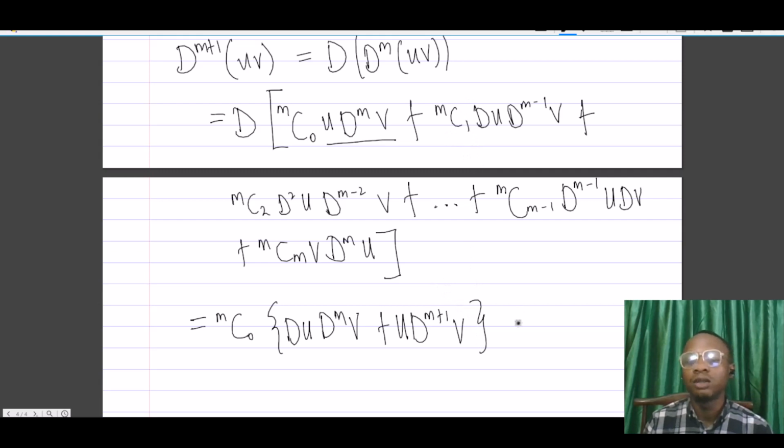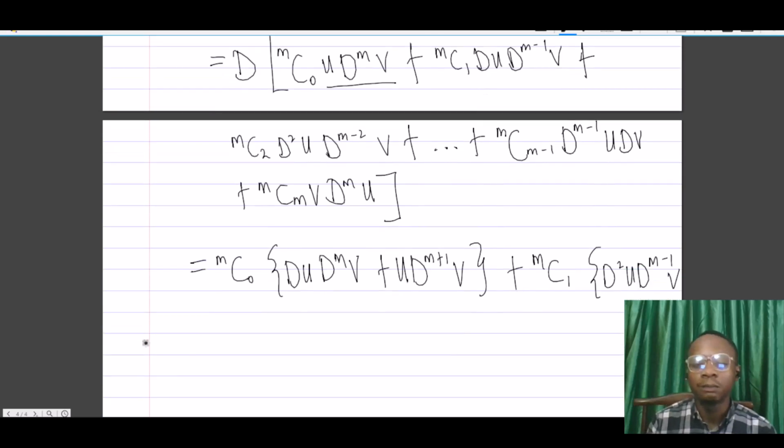Then going to the second term, this is m combination 1, that is constant, just move it out. Then we have this to be du. By the time we differentiate this now, that will be d squared u, then the m minus 1 v. All right, so that's the first term. We've differentiated this while keeping this as constant. So the next thing is to differentiate this while keeping the u as constant.